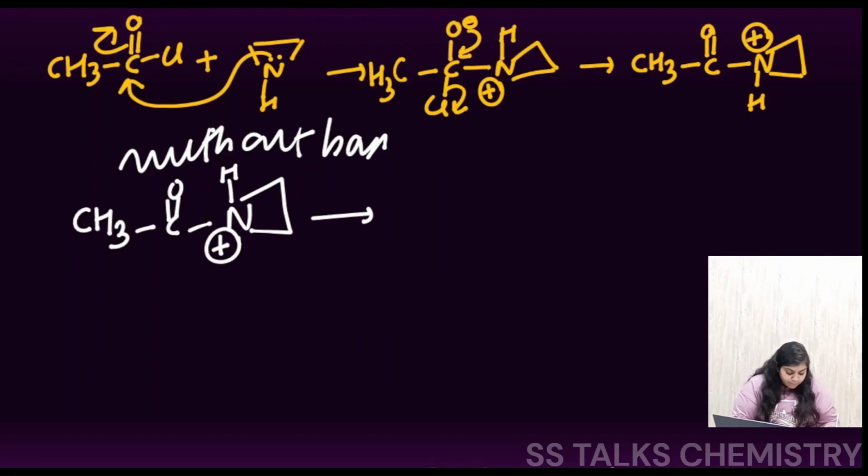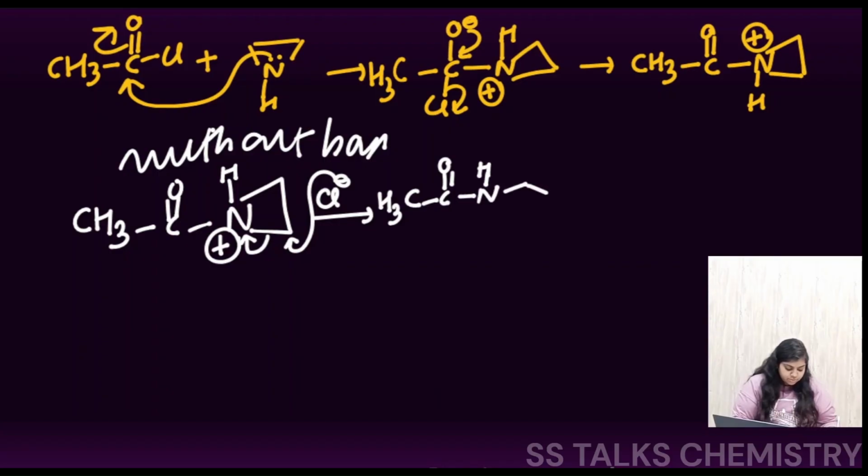So the Cl negative that has left the system comes to attack like this, and this electron density is shifted to the nitrogen so that the positive charge over it can be neutralized. So we get CH3 C double bond O with the nitrogen containing the hydrogen, CH2 CH2 and the Cl group present like this. That means we get ring opening in the absence of the base.